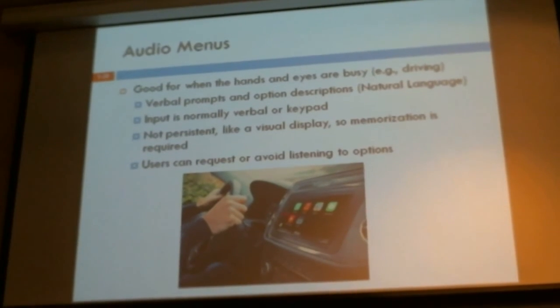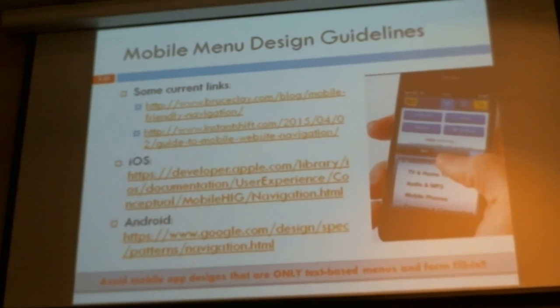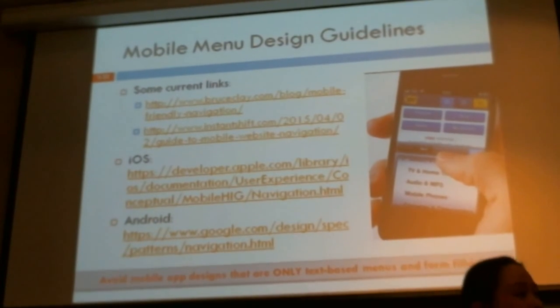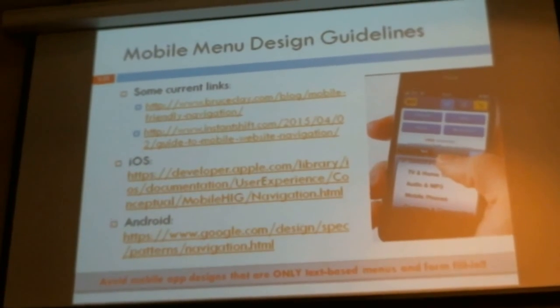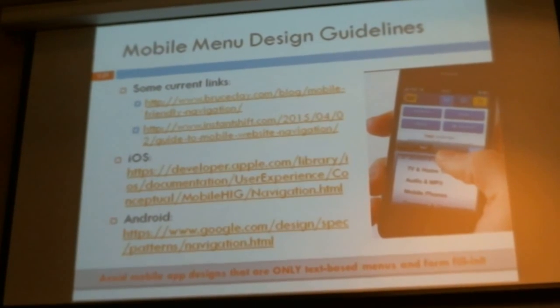So there are times when it's good to have an audio menu for mobile prompts. So this takes into effect, remember how we talked about natural language last time? Also, I gave you some links here because one of the things that I saw most frequently as a criticism of last semester's prototypes is that there was way overuse of text-based buttons as menu items and then just form fill-in.